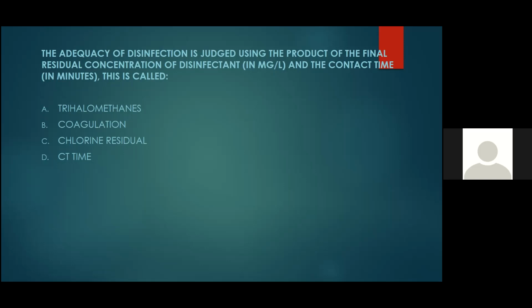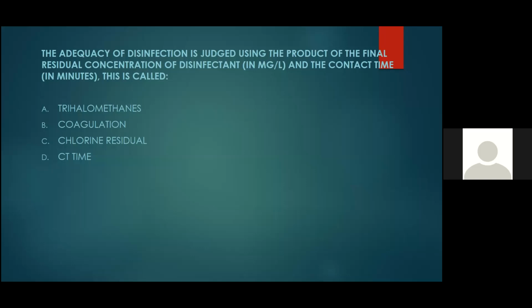So two things, right? When I add chlorine to water, they're going to look for my chlorine residual going into the water. Then it goes to a chlorine contact tank, which is designed to have the water and the chlorine mix for a certain amount of time.